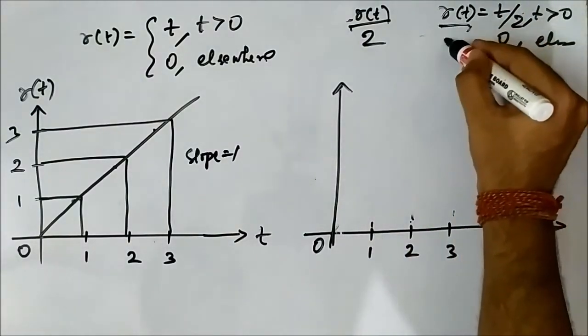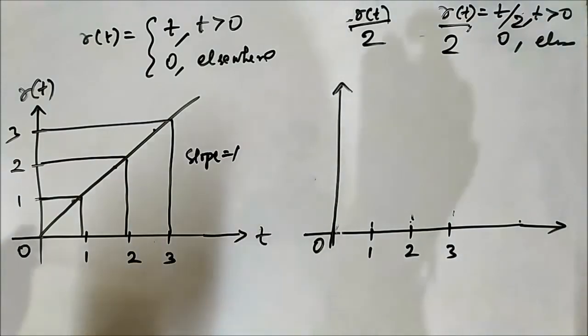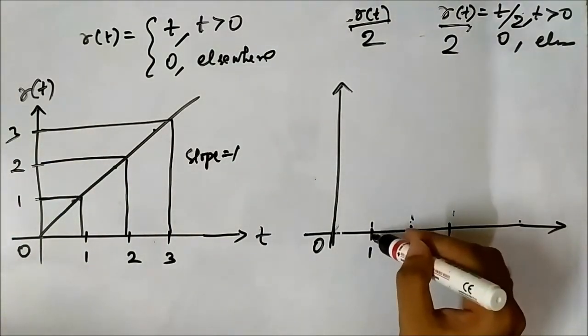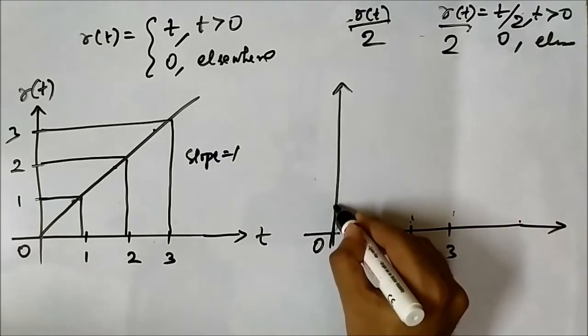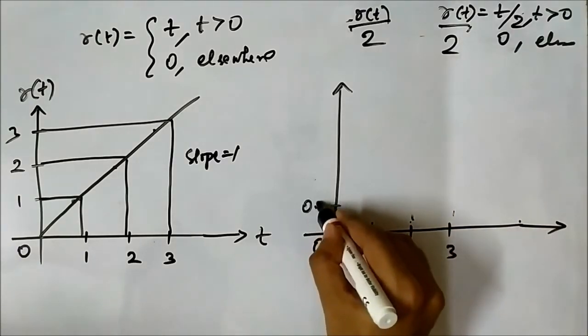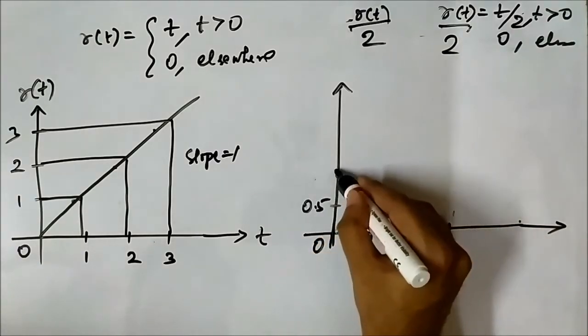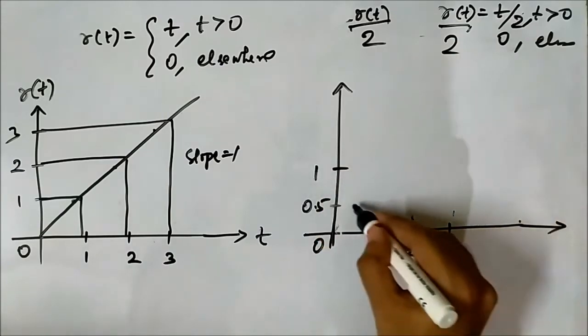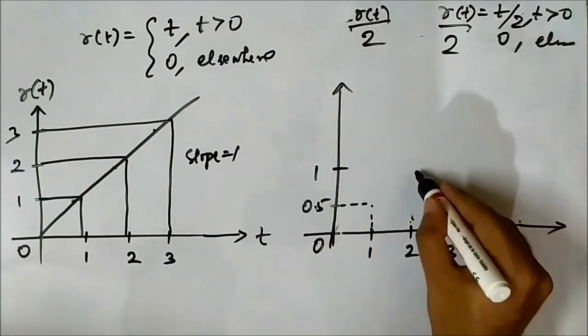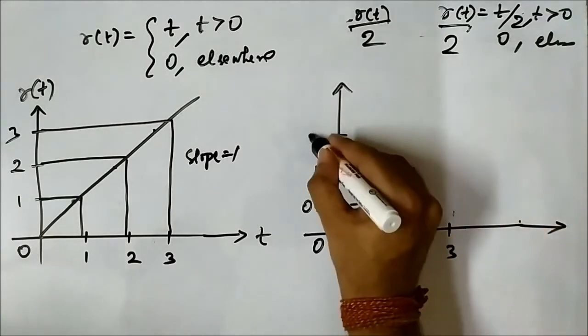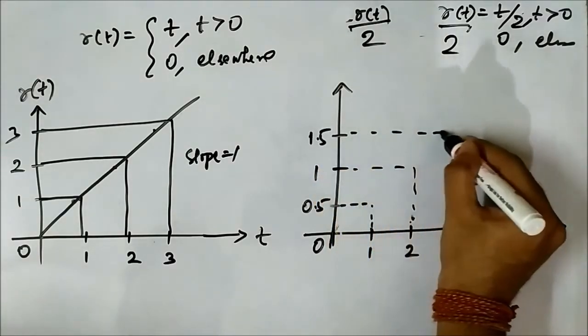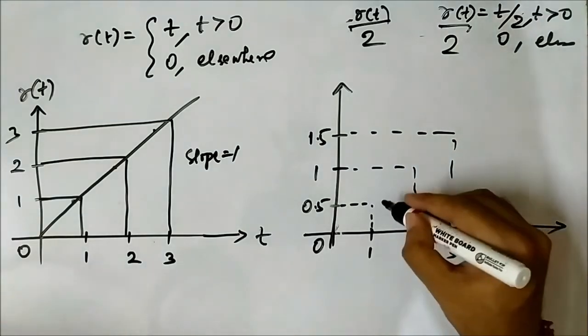So at each time instant the amplitude will be half of that time instant. At 1 it would be 0.5, at 2 it would be 1, at 3 it would be 1.5. So exactly half of the time instant.